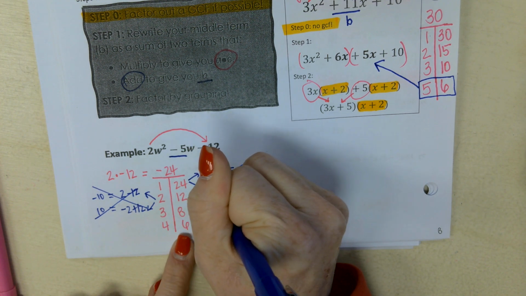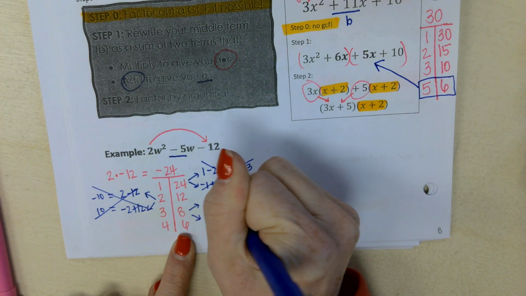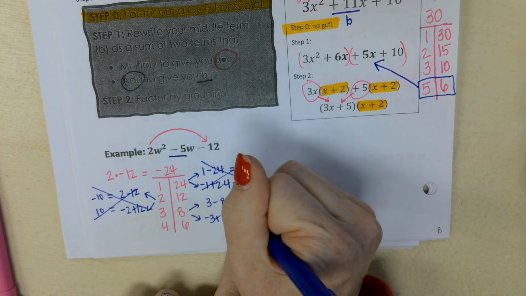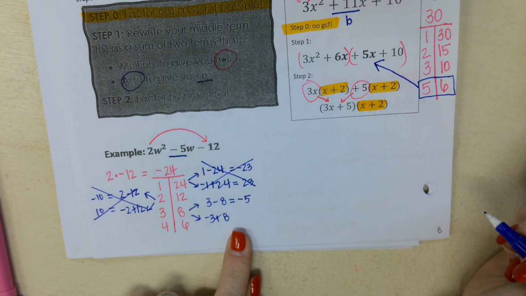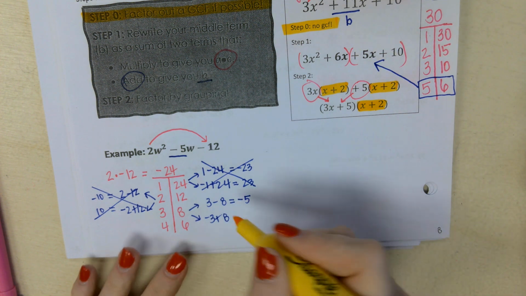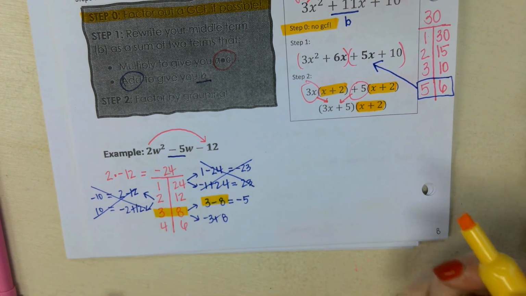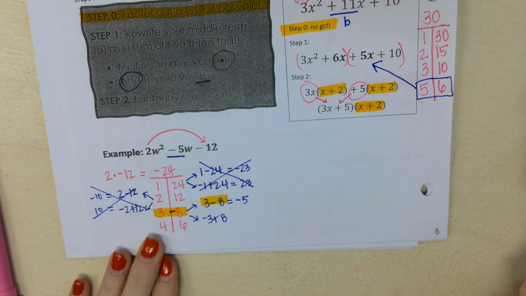Let's go right here. If I do 3 minus 8 or negative 3 plus 8, what's 3 minus 8? Negative 5. Ooh, ding, ding, ding. That's what I needed, right? Yes? Okay, so I'm going to stop there. These numbers, the 3 and the 8, specifically a negative 8.